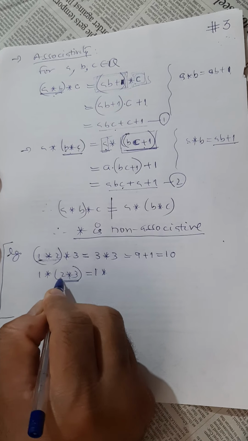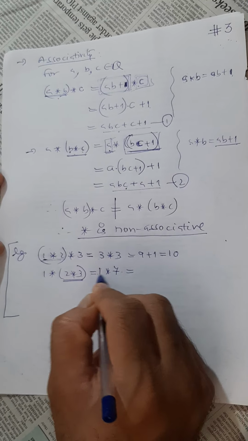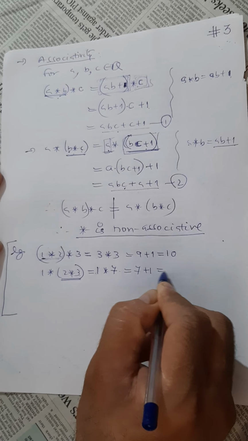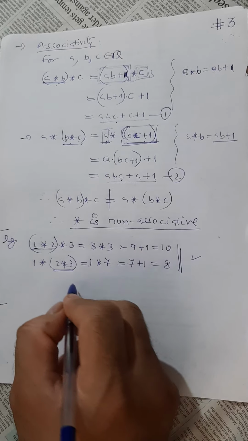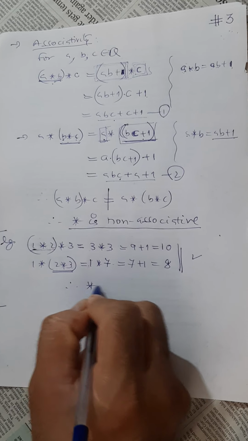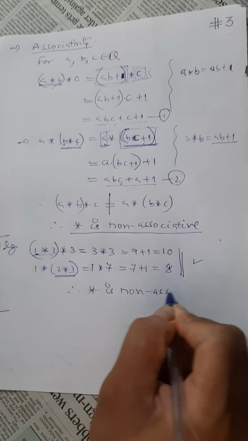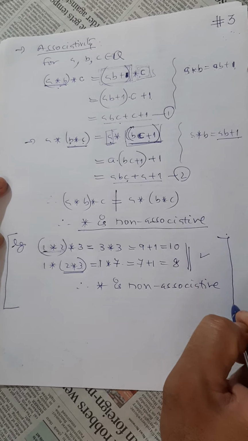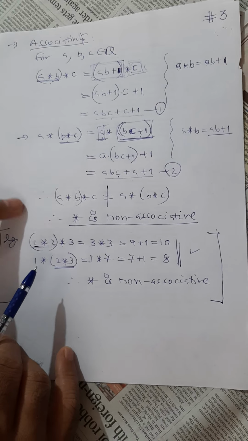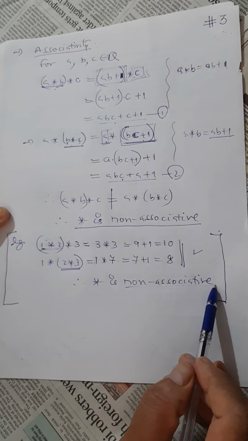That is 2 into 3, 6 plus 1, 7. Now 1 star 7 is 1 into 7 plus 1, which is 8. These two are not equal. So therefore you can say that here asterisk is non-associative. You can give it by one example also. This is a general proof. Here, this will do to show it is non-associative.